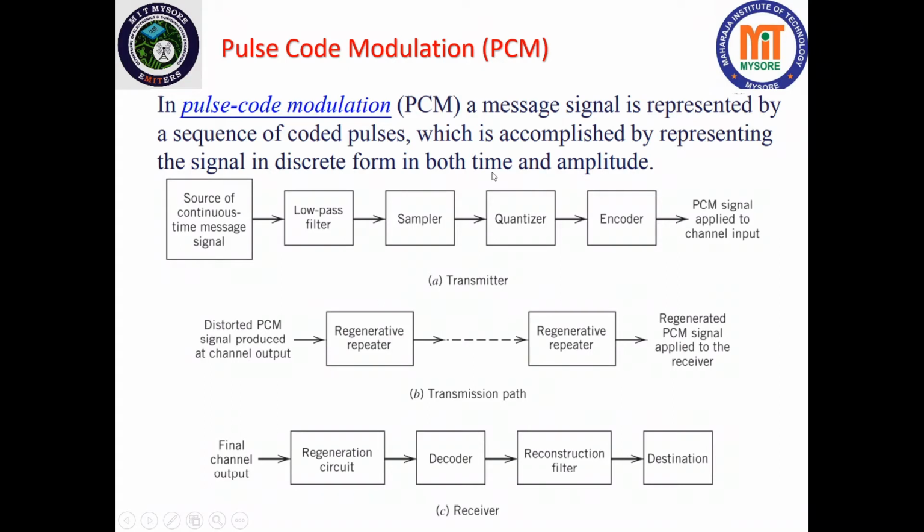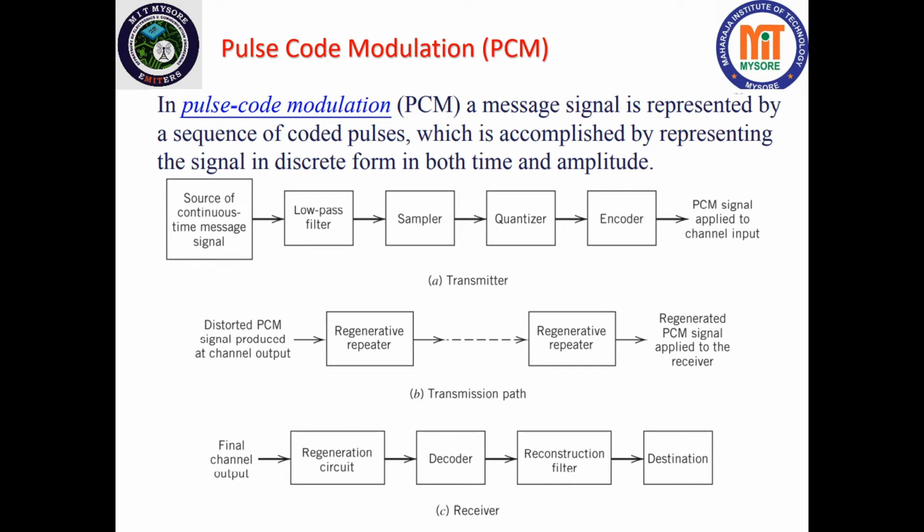The first block you can see is the source of the continuous time message signal. It might be an audio signal, a video signal, or any computer data in analog form. It is first passed through a low pass filter, which is an anti-aliasing filter, as you understood in the sampling theorem.